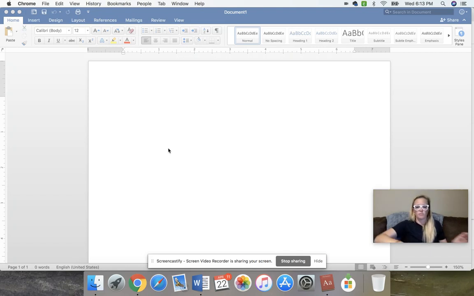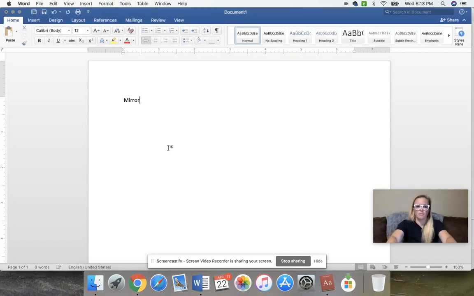So we have the mirror equation, which is 1 over the focal is equal to 1 over do plus 1 over di, distance of the image. We're going to use the same one that we did here that I have drawn. Ignore my little scratches on there.